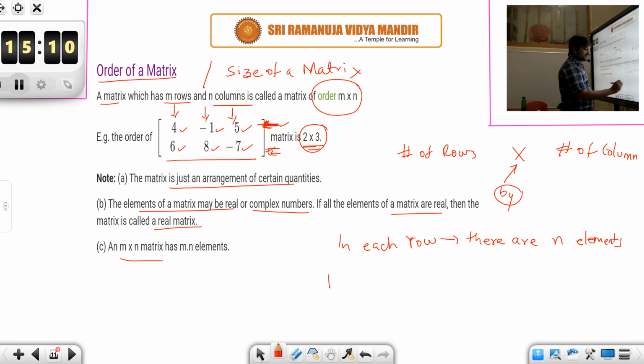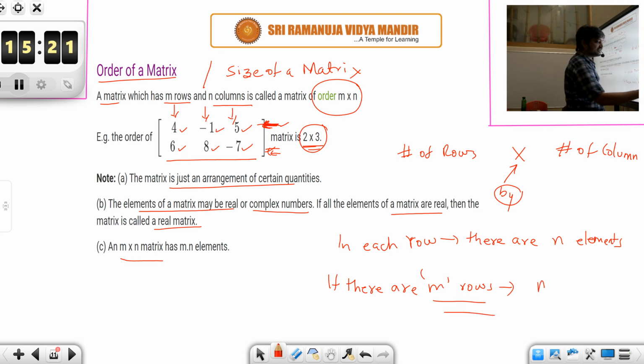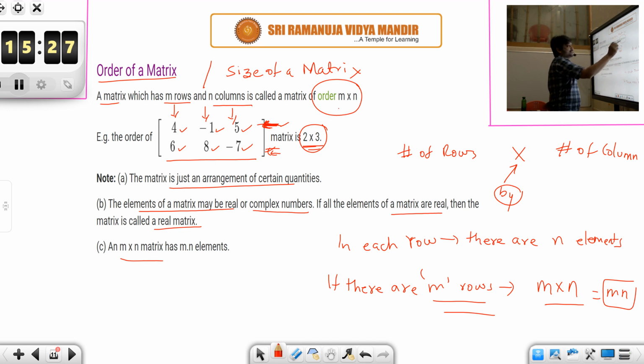In general, if there are m rows, and for each row there are n elements, then for m rows, how many elements will be there in total? m into n, that is mn elements. So if the size of the matrix is m by n, then there are mn elements in total. This is a very, very important result. So an m by n matrix has mn elements. Okay, students, an m by n matrix has mn elements.